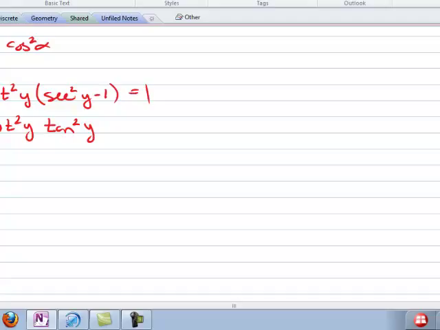And cotangent would be cosine y over sine y. Oh, they're squared, aren't they? And tangent would be sine squared over cosine squared. And then you would see the cancelings happen. Understand.